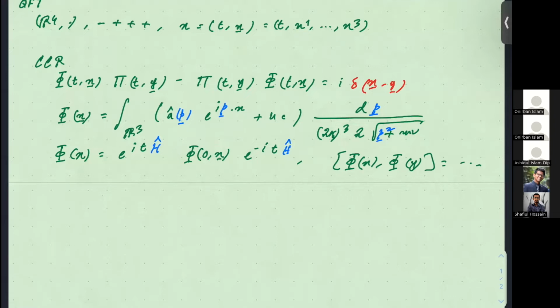Now, that's the initial setup that I have described. There are some issues that are conceptually problematic if you look closely. The canonical equal time commutation relation is telling us that we are literally probing a quantum field at a point of space and time, a fixed time and a fixed space point, which means we can probe point-like distance.